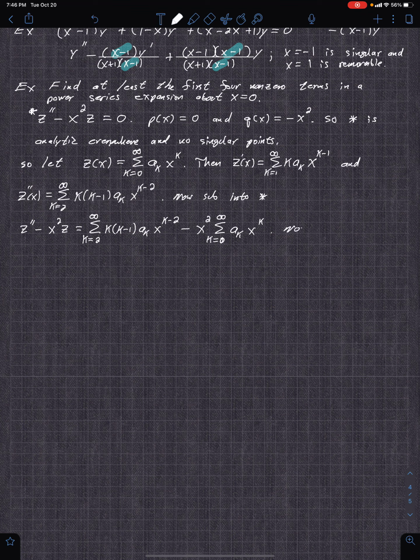Okay, so now we want to shift the index so they match, and then you'll have to factor out some stuff.